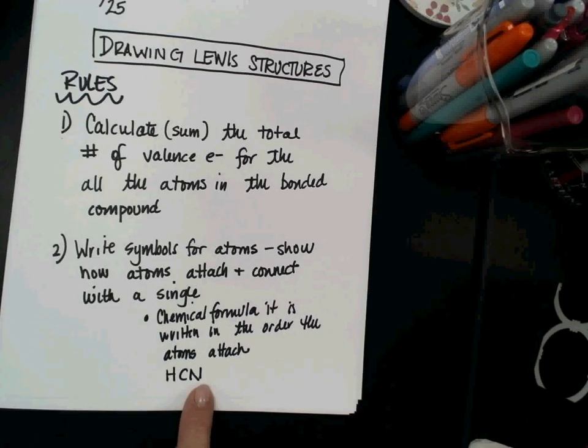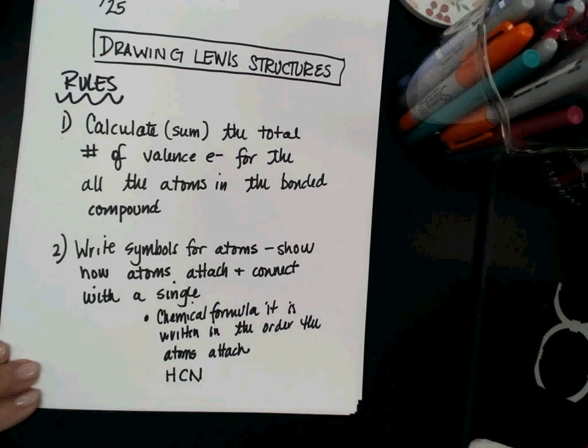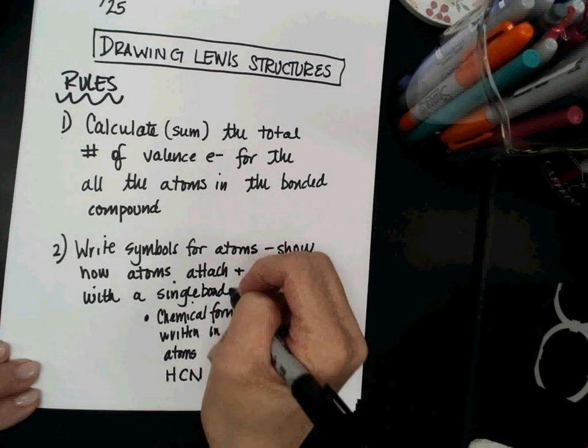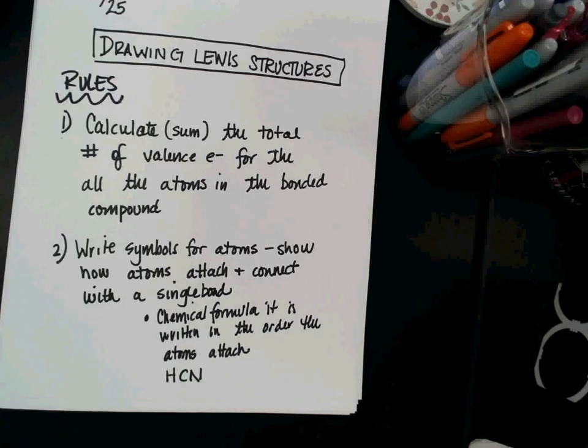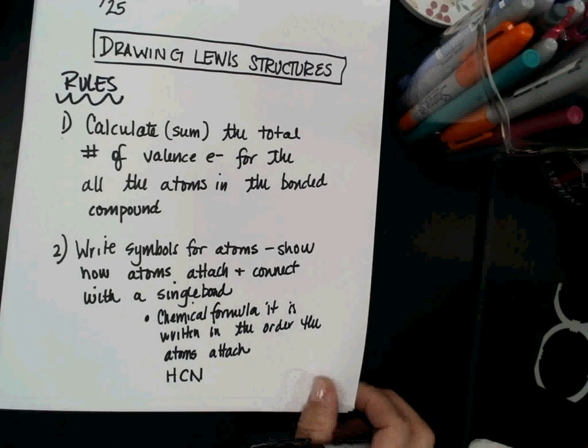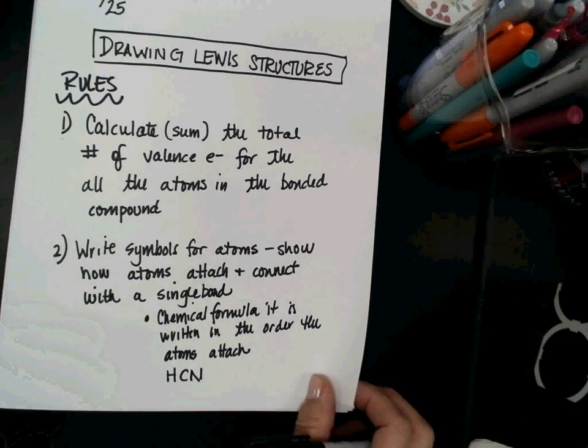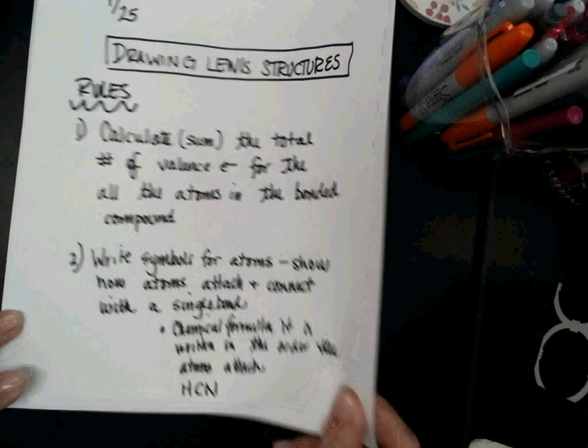After you have connect with a single, is that supposed to be a single bond or just a single? Oh yeah, this would be a single bond, sorry. Good question, Kira. Okay, so this is when we're talking about a molecular compound. Remember, we've already talked about polyatomic ions and how a polyatomic ion can actually be covalently bonded but still be an ion with a charge.